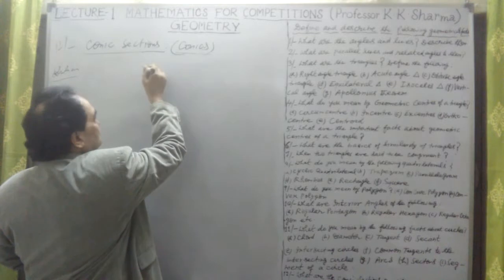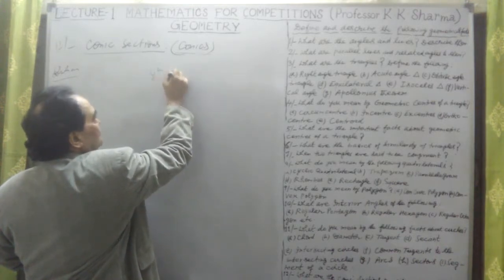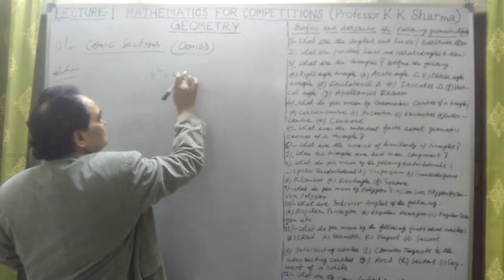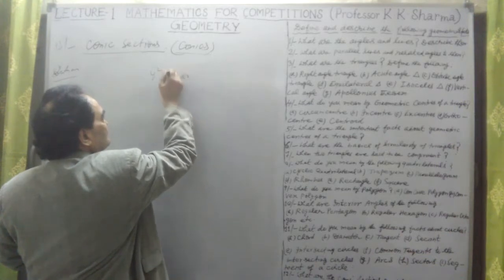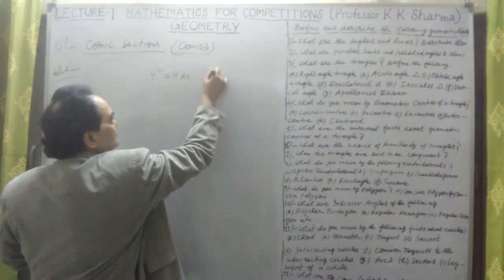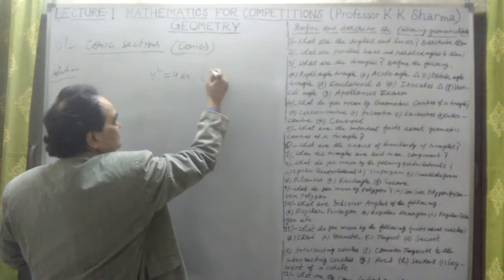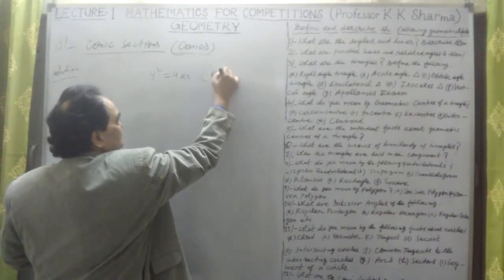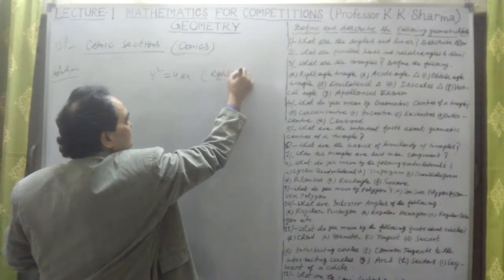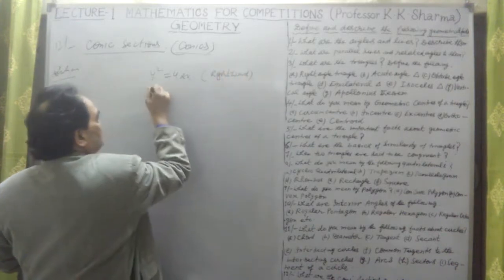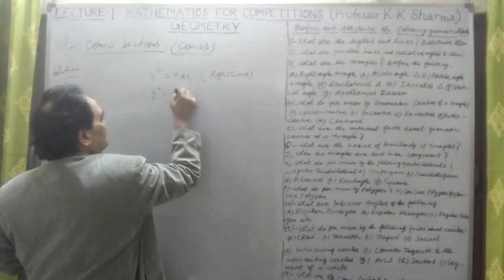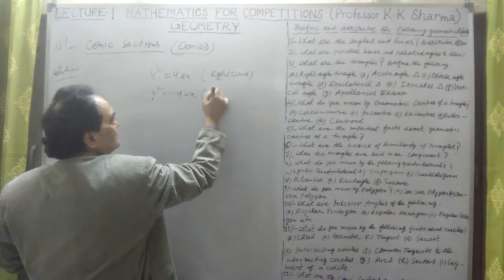First is the parabola we are talking about. There are 4 kinds. Y square equal to 4ax, this is known as rightward. And y square equal to minus 4ax, this is leftward.